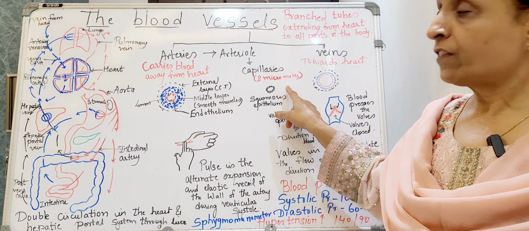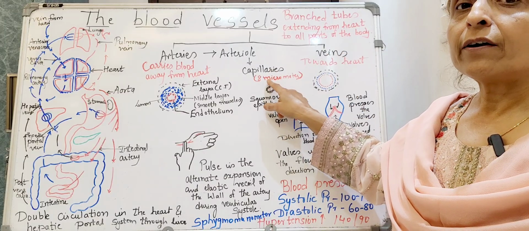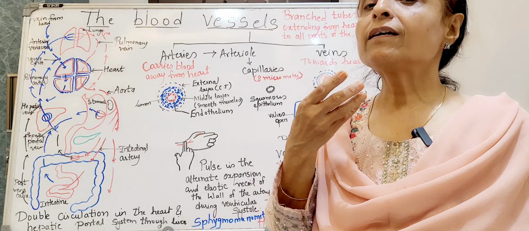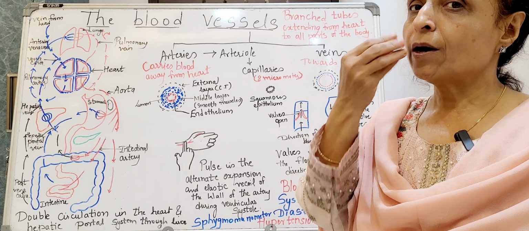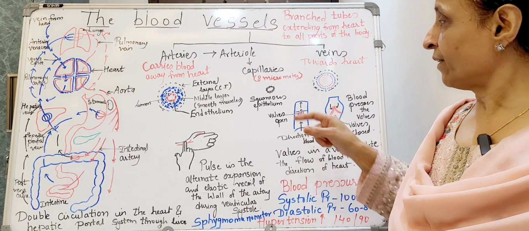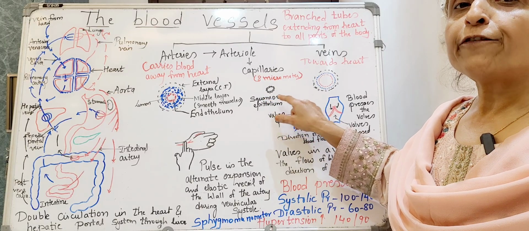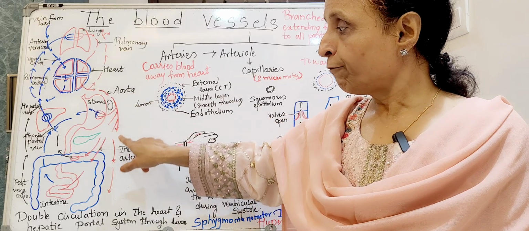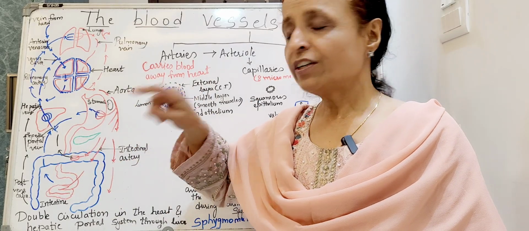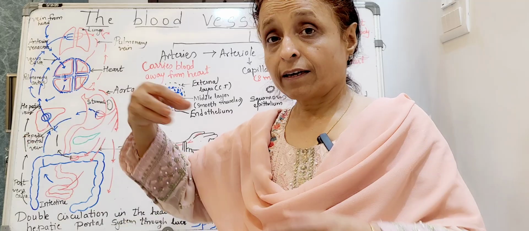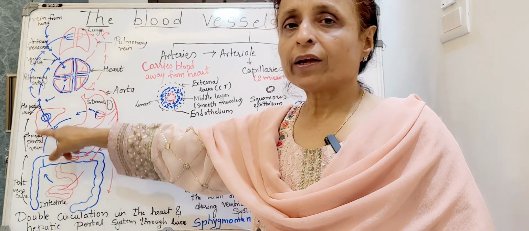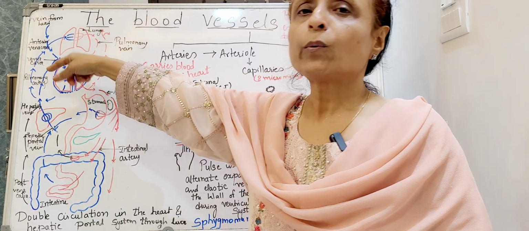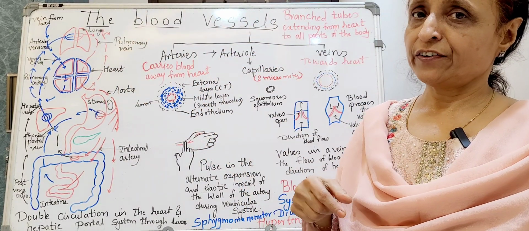Capillaries are very thin walled. They are around 8 micrometer. If you open your buccal cavity, you might see a number of capillaries in it. They are made up of squamous epithelium. So here the blood flows in this direction and then it is carried by the post vena cava from the posterior region and anterior vena cava from the anterior region.